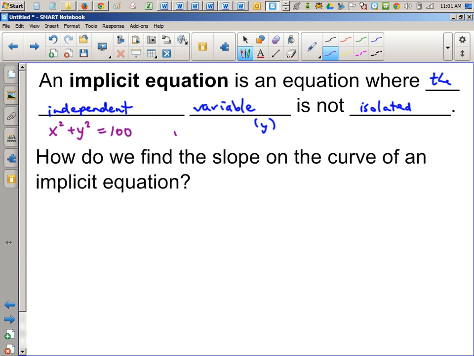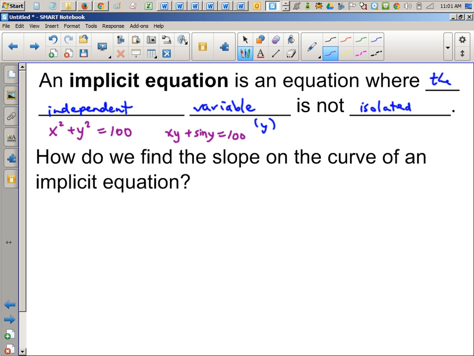Look at this one. Xy plus sine y equals 100. Now you can isolate x, but you can't isolate y. It's impossible. Nobody can isolate y here.